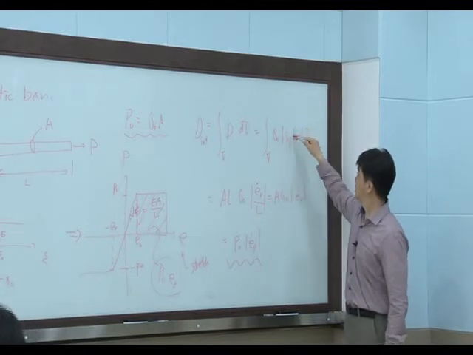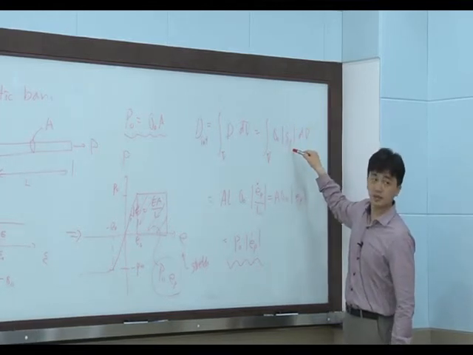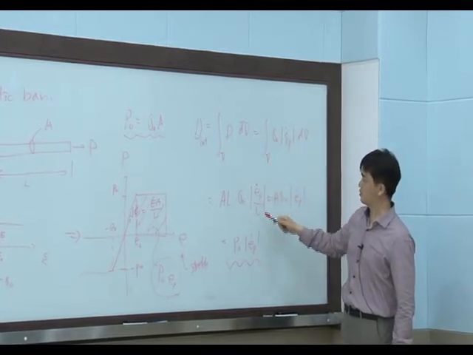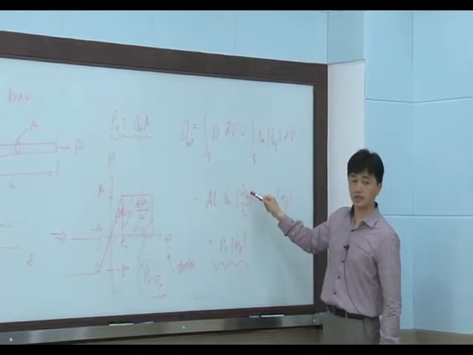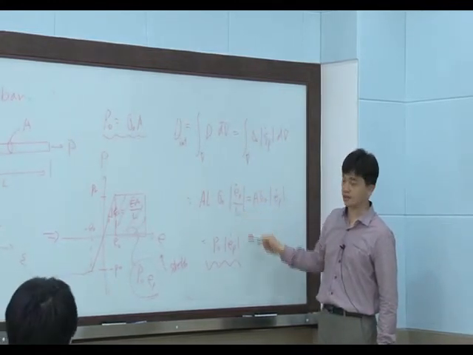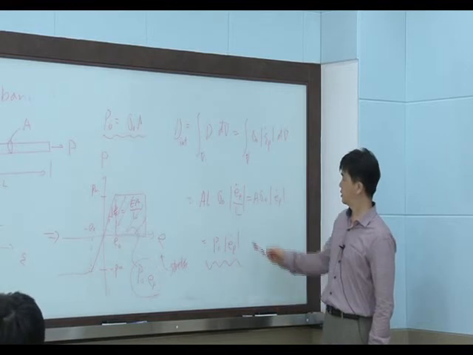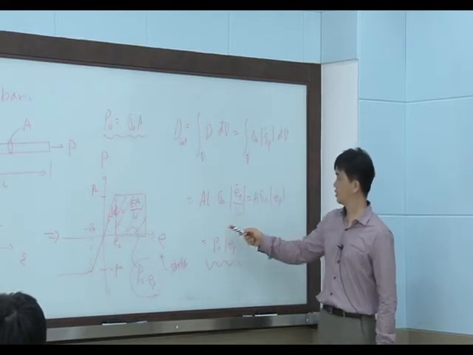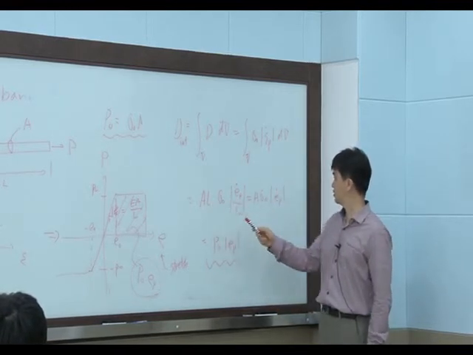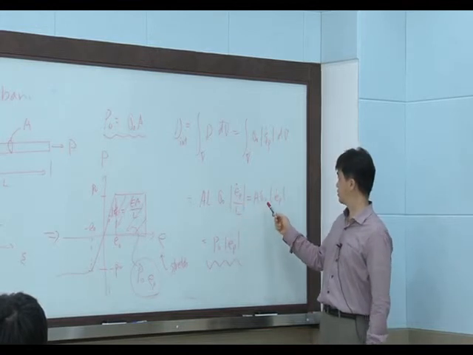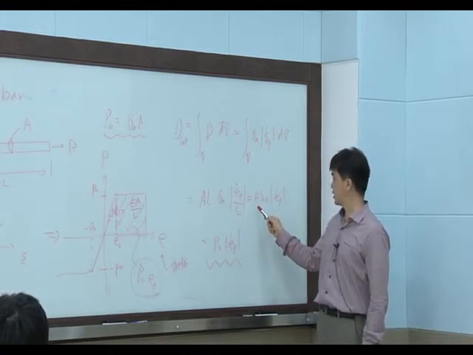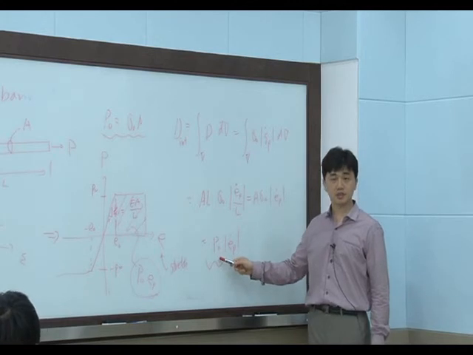And then this strain rate can be calculated by stretch rate over length, right? Then L goes outside. And if I multiply A sigma 0, we have P0.